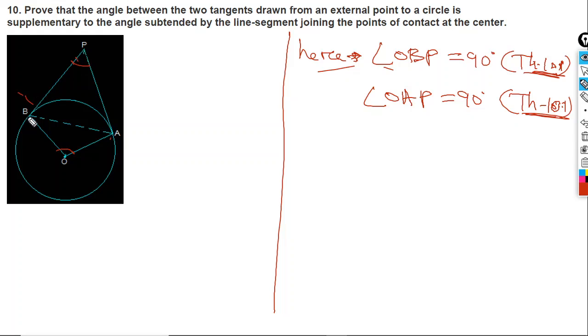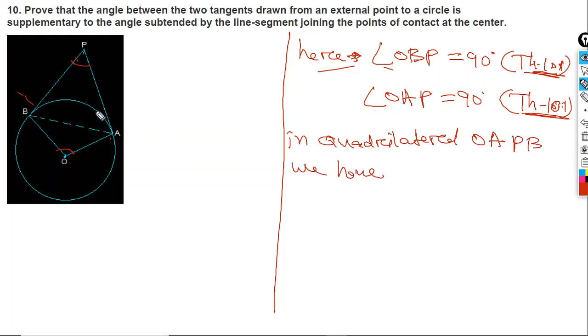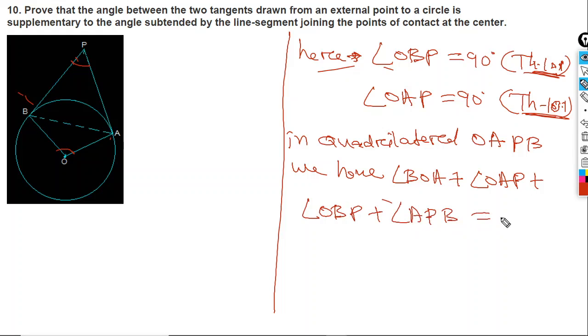Now in this quadrilateral PBOA, or you can write OABP, in quadrilateral OAPB, we have angle BOA plus angle OAP plus angle OBP plus angle BPA, or APB, same, angle APB equals what? 360 degrees.